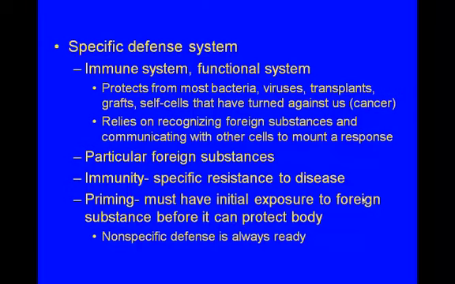Now, since it is called specific, it is literally specific, meaning that these cells have to be programmed and they're specific to only kill whatever they've been programmed for. So this is going to deal with your T and B cells. The biggest thing here, again, is that they have to be primed. They do not immediately attack. They have to first have an initial exposure to the foreign substance before the body can learn to protect it.